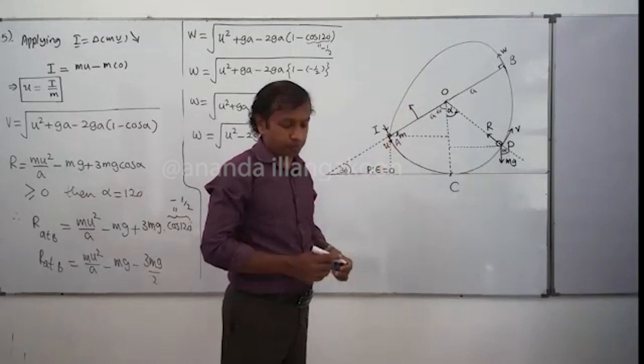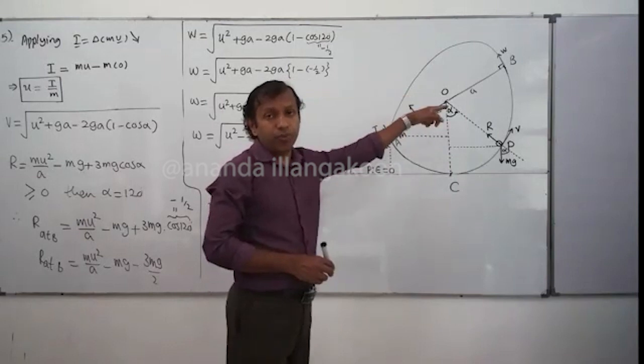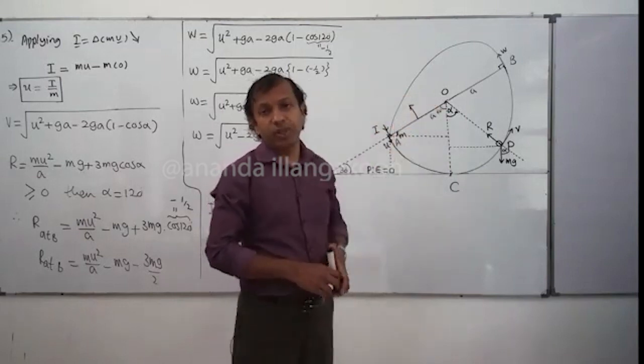Understood? Thereby, people, apply s equals ut plus half at squared for the particle perpendicular to this BA. For the motion from B to A, we can very easily calculate the T.